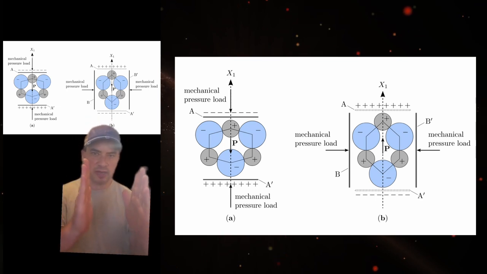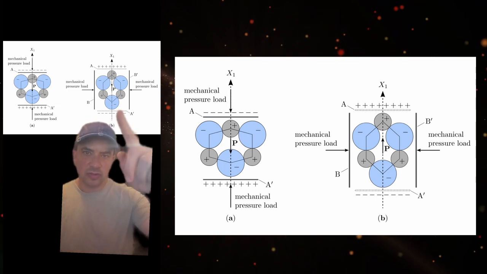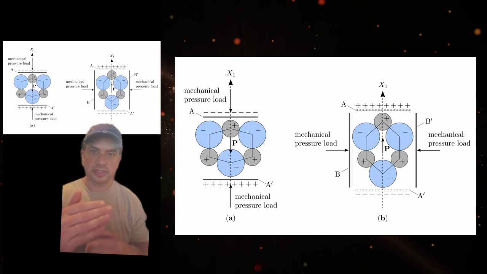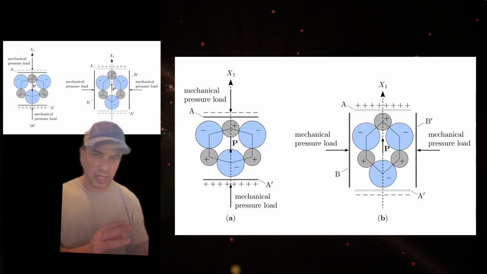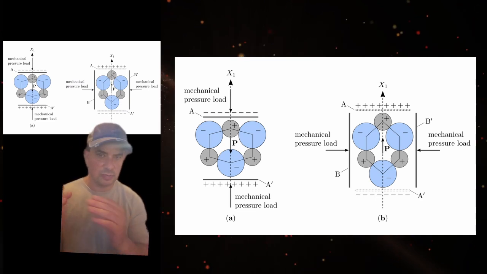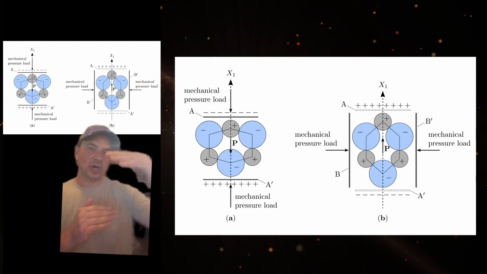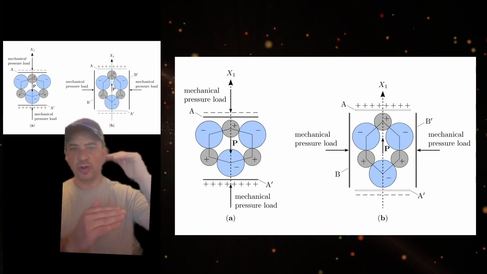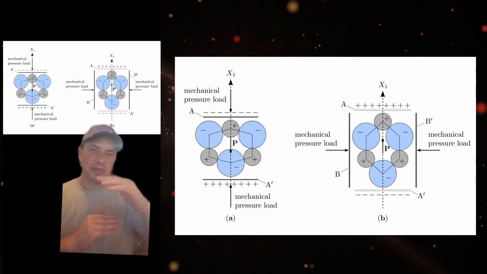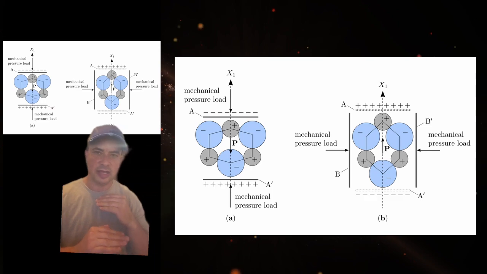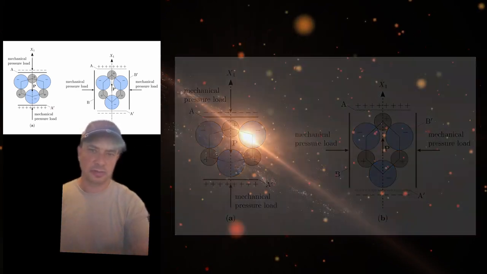When force is applied from the sides, the direction of that charge shifts. So even though electricity doesn't move through the material, one side can have more affinity to positive charge and the other side can have more affinity to negative, and it can switch.